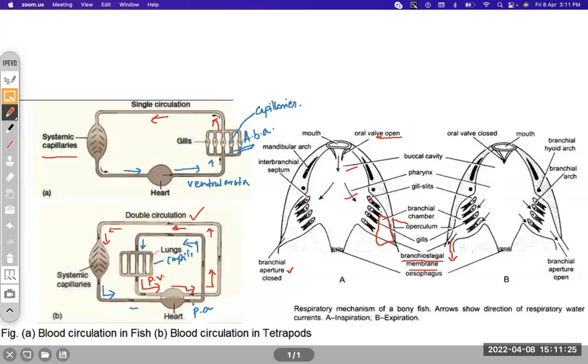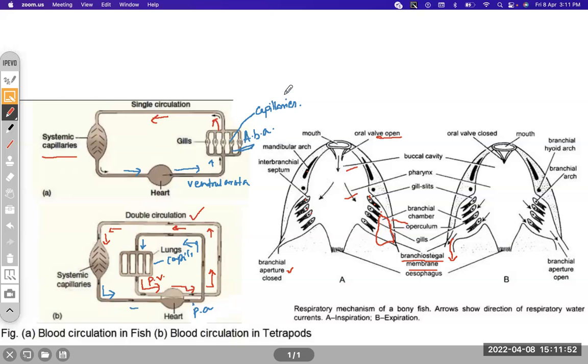Initially, blood was poor in oxygen, rich in carbon dioxide. After gaseous exchange, that water is rich in carbon dioxide but poor in oxygen, and that water comes out, flows out. Okay, so this is about the expiration mechanism, and in whole, this is the respiratory mechanism.